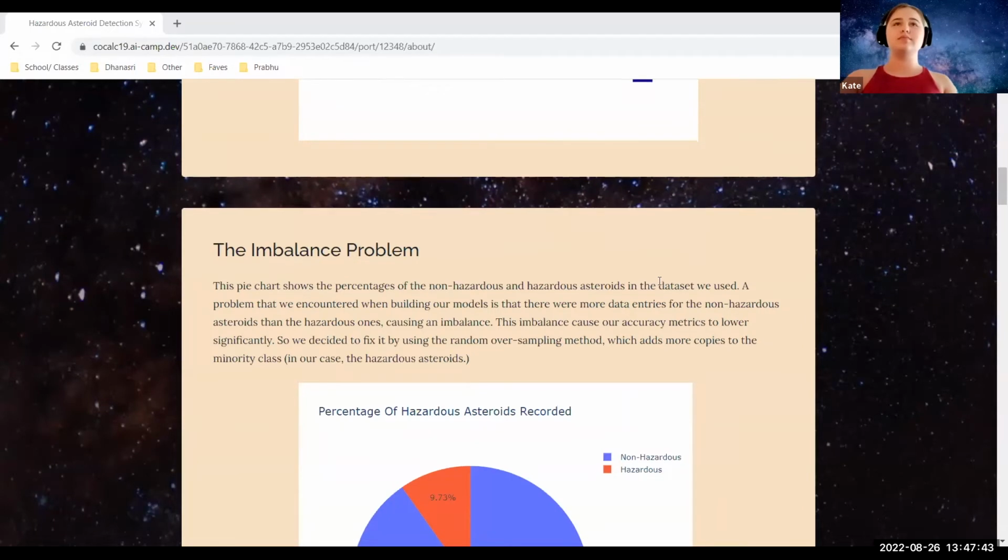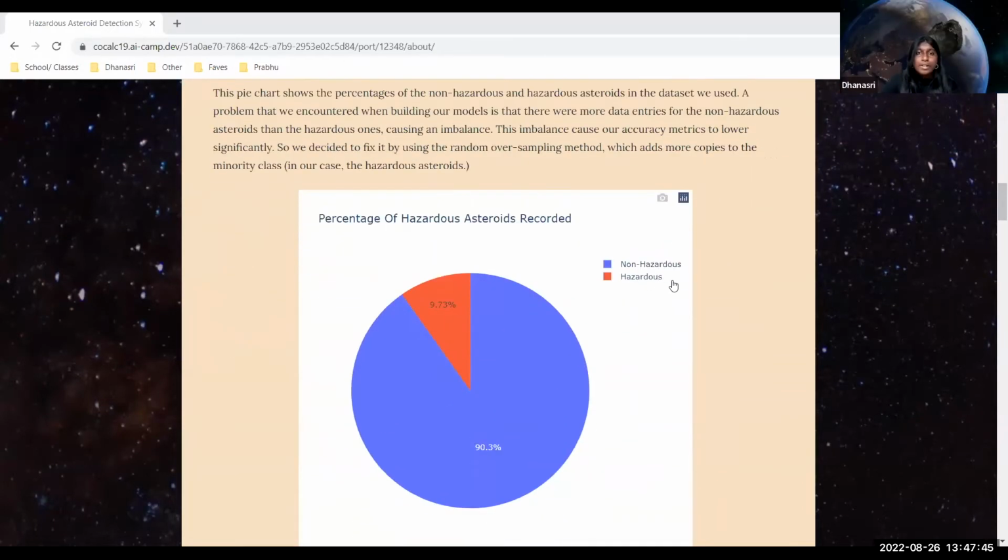Okay, I will be talking about the imbalance problem. The pie chart below shows the percentages of non-hazardous and hazardous asteroids that were in our data set. A problem that we encountered when building our models was that there were more data entries for non-hazardous asteroids than hazardous ones, causing an imbalance. To be exact, there were 81,996 entries of non-hazardous asteroids, while there were only 8,838 for hazardous asteroids.